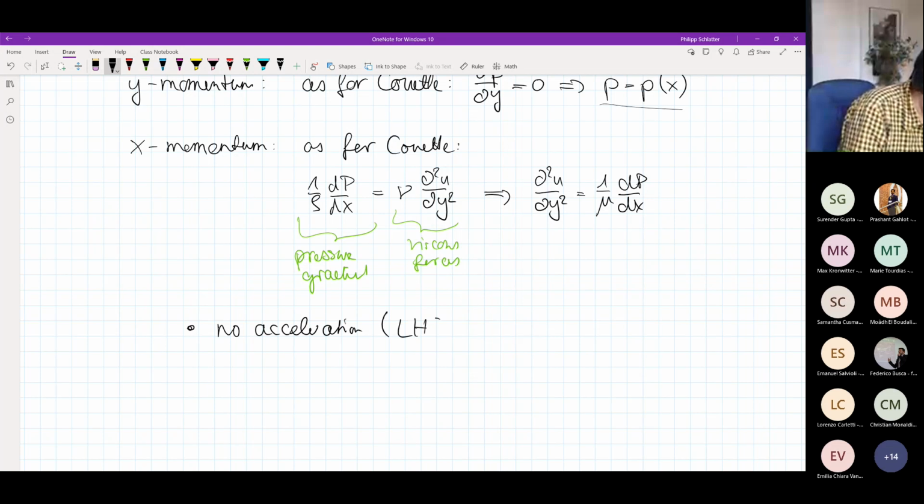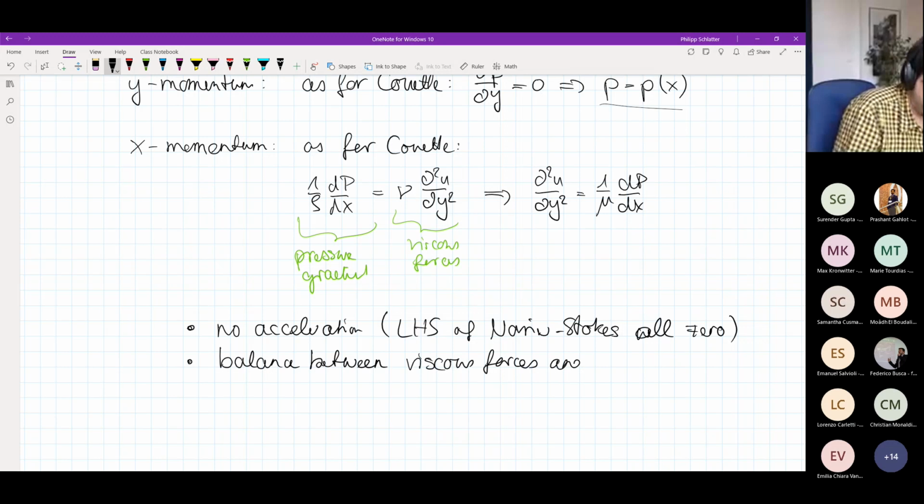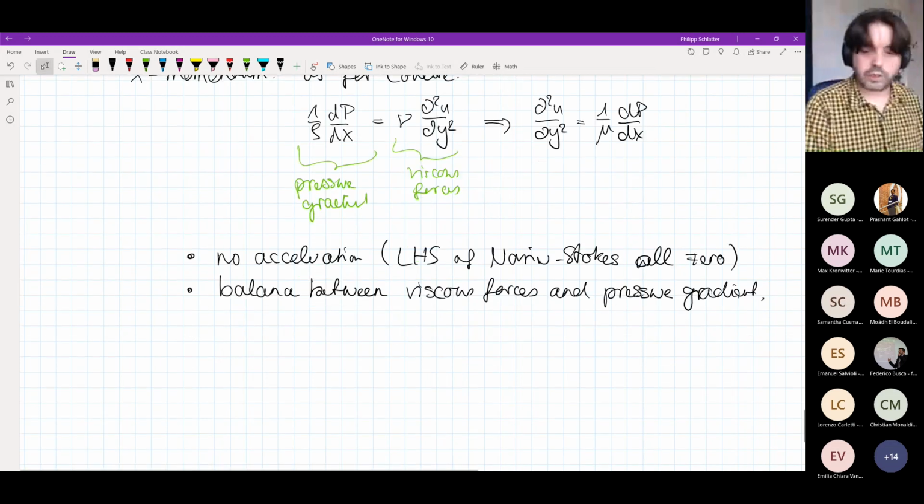That means the left-hand side of Navier-Stokes was all 0. And what is left is a balance between the viscous forces and pressure gradient. So that's kind of the physical interpretation of what is left.